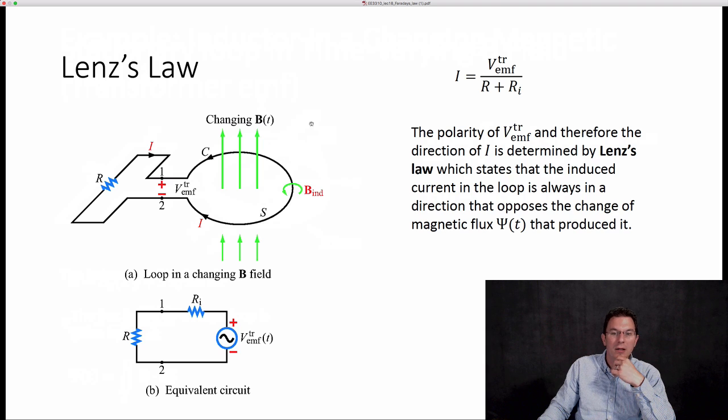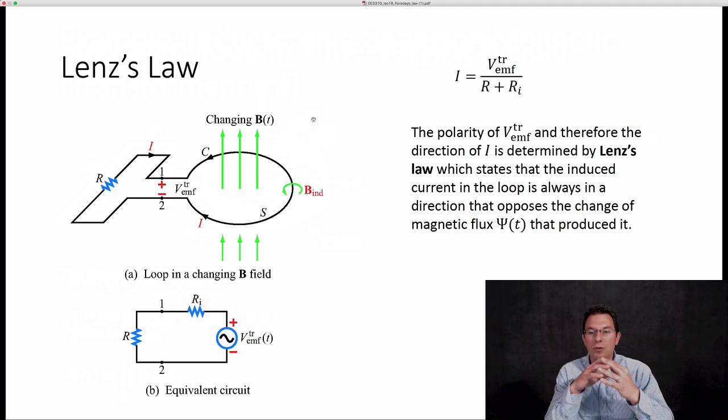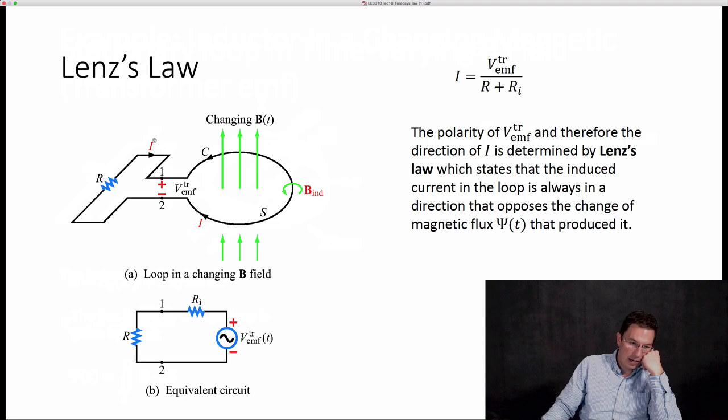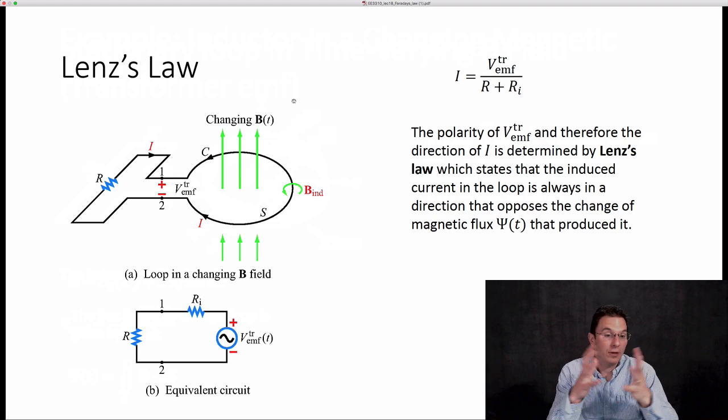So again, the polarity of the induced voltage, and therefore the direction of the current, is determined by Lenz's law. If I didn't have this current labeled on here, I could figure out what direction it was in simply by looking at the direction of the impressed B field, B of t.